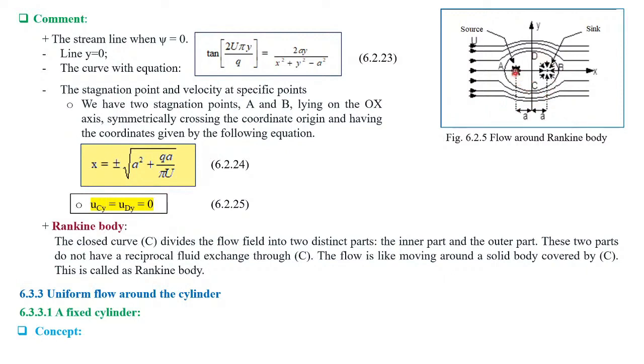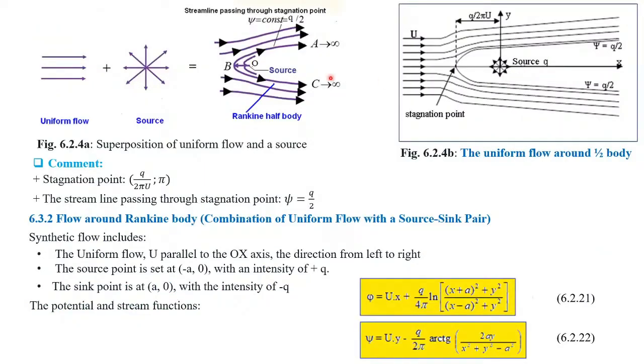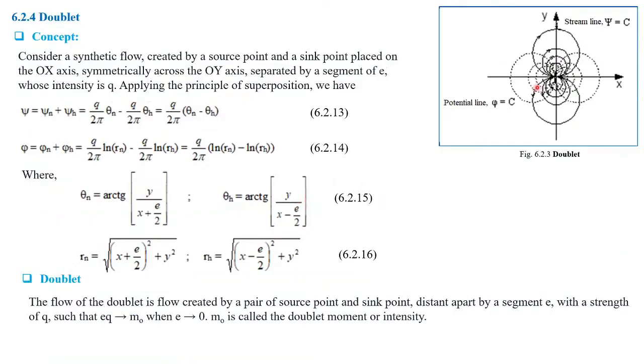Now, if you move the source and sink together to O, this one moves to O, and this one also moves to O. That means I approach 0, and this becomes a doublet. You see here, the plate here becomes this one when the source and sink move to O, becoming a doublet.